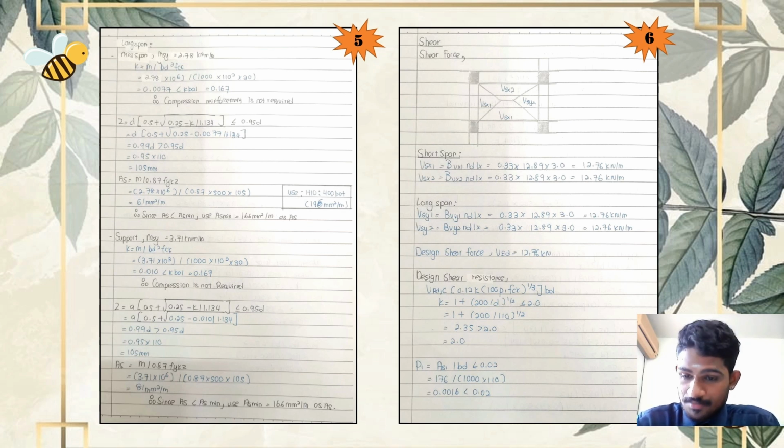The value must be less than 2.0. The final answer that we get is 2.35, which is more than the original required value 2.0.